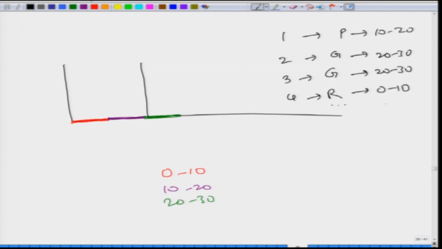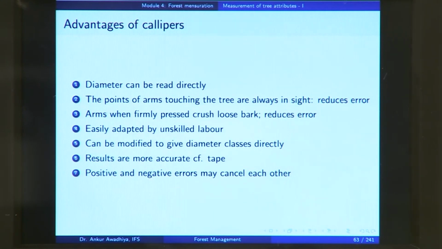So, you can modify this instrument in such a way that it gives your diameter classes directly without going through any further computation. And if you paint your scale with these different colors, even an unskilled laborer can give you the diameter classes directly. Next, the results are more accurate as compared to tape, and the positive and negative errors may cancel each other.